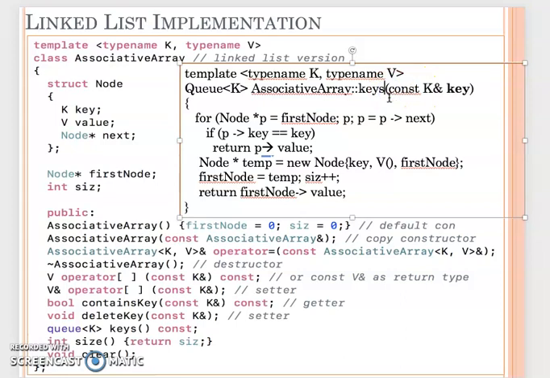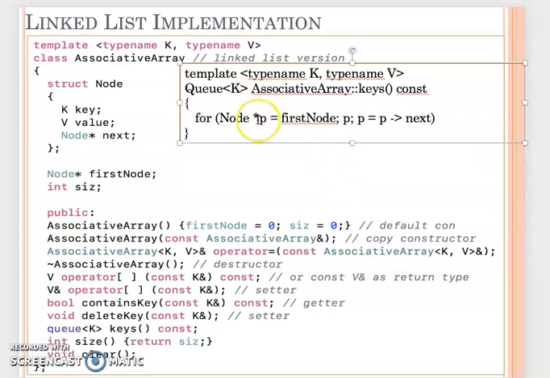This keys function doesn't need any parameter, since it's a getter function. It is still the same because we need to go over the for loop, but before the for loop we need to create our queue. We'll just call this our key queue.